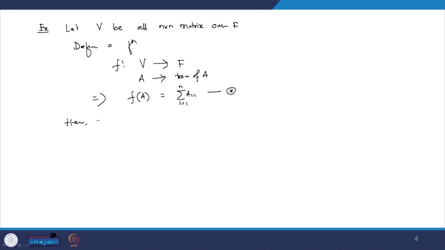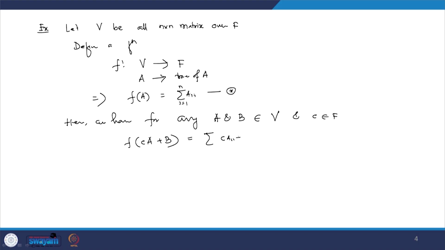Here we have, for any A and B belonging to V and c belonging to capital F, f of c times A plus B, which is equal to sigma of c into Aii plus Bii, i equal to 1 to n.